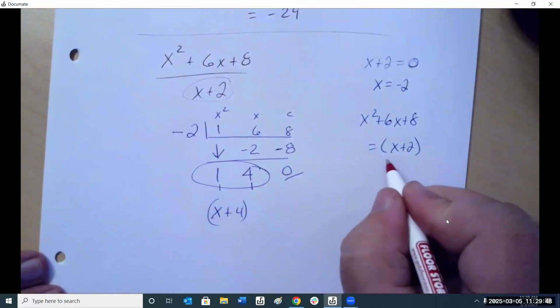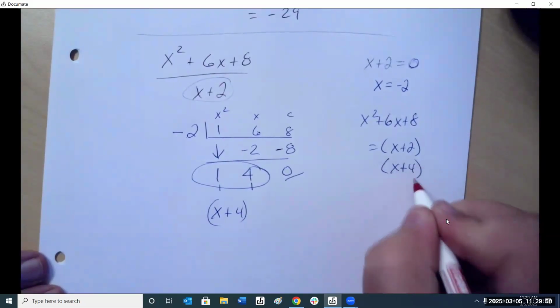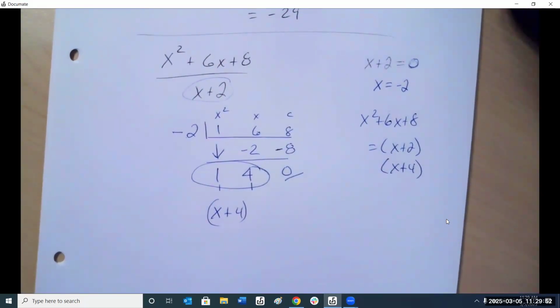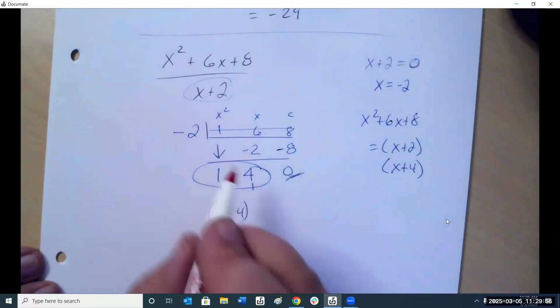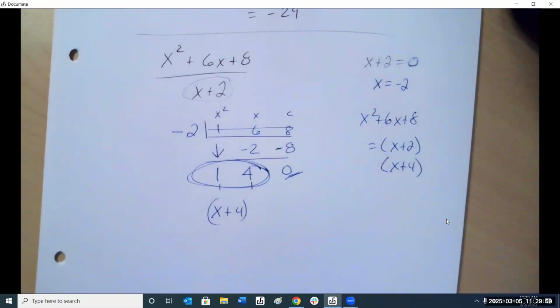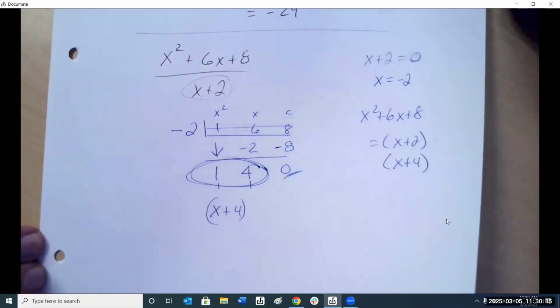That's the other factor. So if you have a remainder of 0, you don't have to go back to this one anymore. You can just go back to what's in the equation. That's the beautiful thing about synthetic division. It saves us tons of time, which is what we're going to talk about now, factoring things. So we're going to talk about the factor theorem.